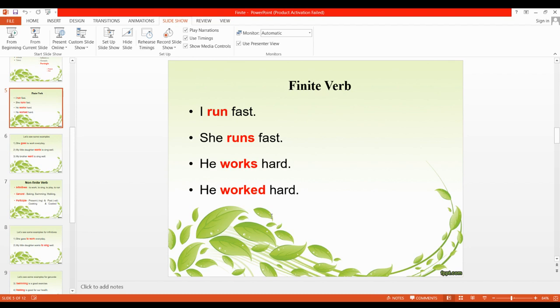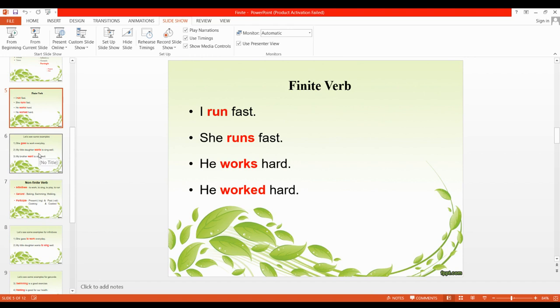Works is finite verb. Again, because of he, we are adding s here. The next one, he worked. Work is the root verb. We are adding ed because it is past tense. He worked hard. So this is finite verb. According to the number or person or tense, the verb is changing. If the verb is changing like this, then it is called as finite verb.